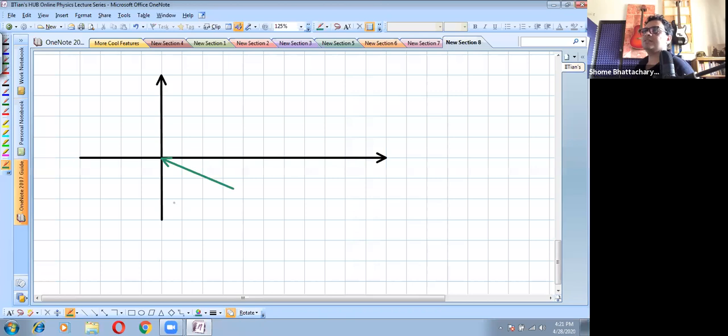It doesn't necessarily mean that the angle is in the fourth quadrant. The vector C is drawn like this, but what is its line of action? Its line of action is this one. This is the direction it's pointing. It's not pointing in this direction. It's pointing in this direction. So that means its angle is in which quadrant? Second quadrant. So you have to be careful about that. So this angle is 30 and C's magnitude was 16 or something like that.